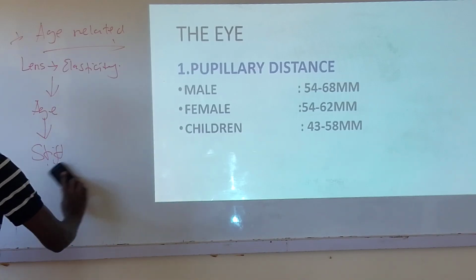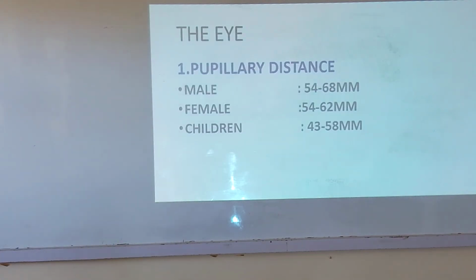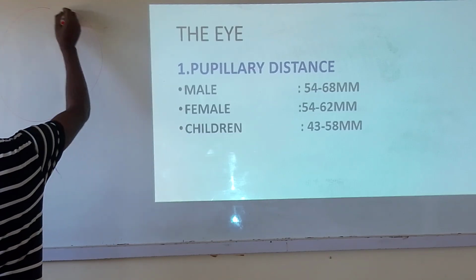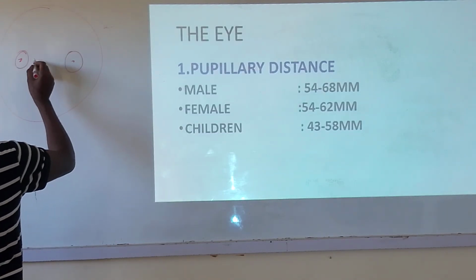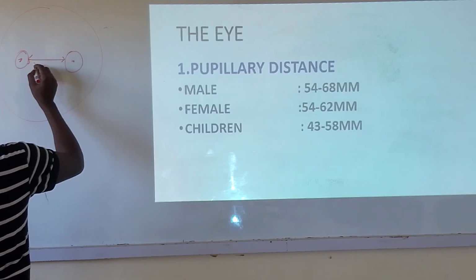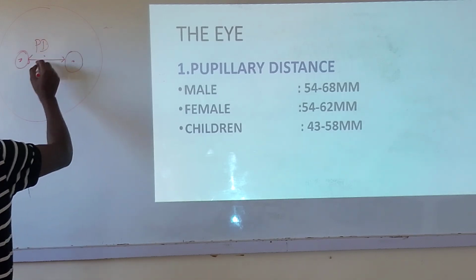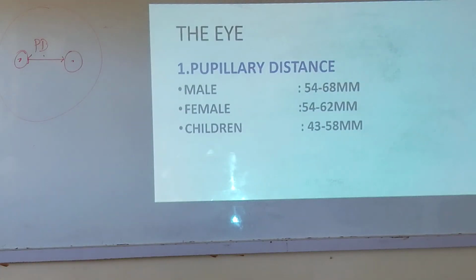So let's talk about the pupillary distance. Pupillary distance is just the distance between one eye to another. Remember, human being, if this is your head and you have one eye here and one eye here, this distance here, from this point to this point, is what we call pupillary distance. So the pupillary distance for male is 54 to 68 millimeters.